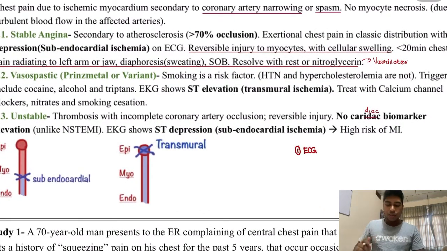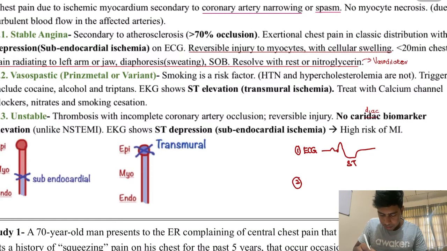The first thing you do is an ECG. Usually, if there is stable angina or unstable angina, there is going to be ST depression. ST will be depressed.